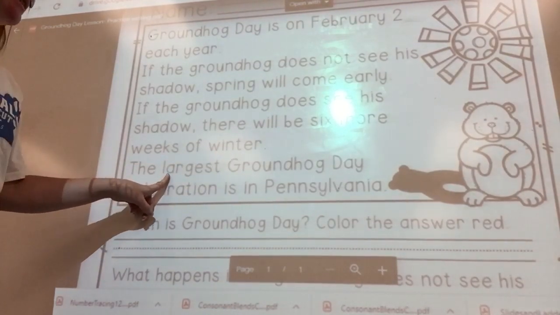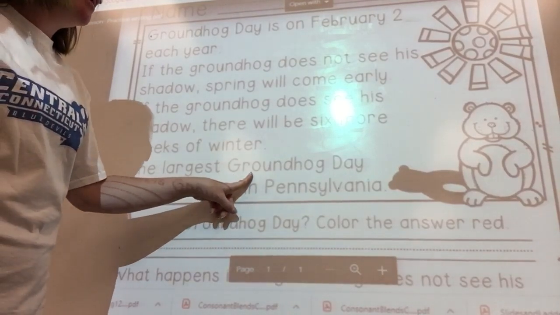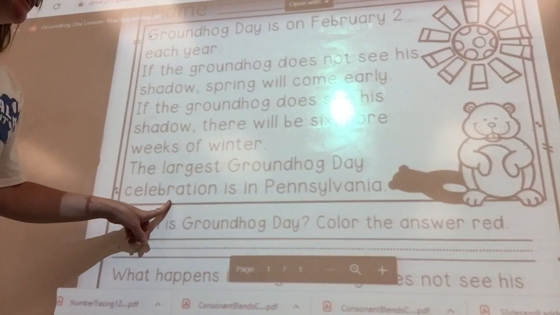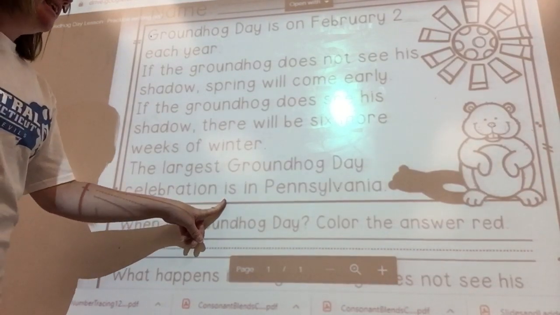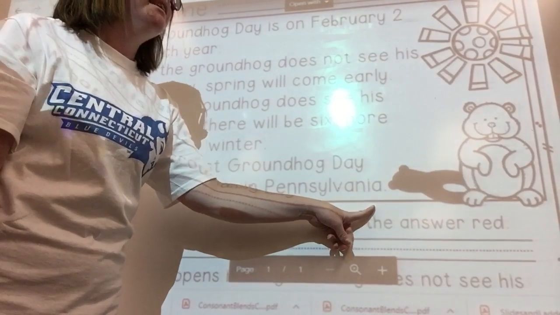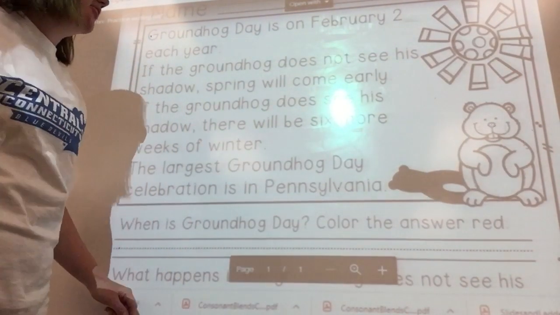The largest Groundhog Day celebration is in Pennsylvania. That's way up north from here.